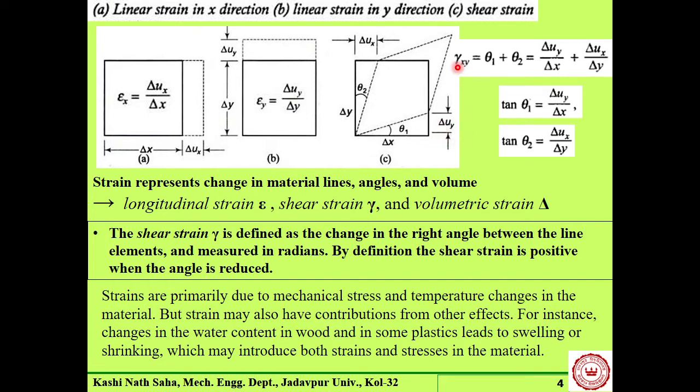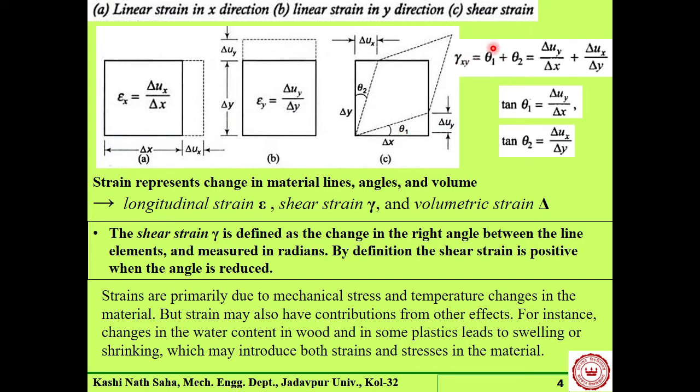So in totality this gamma xy is a measure of this angle theta 1 and this angle theta 2. And as you know, for very small angle theta, tan theta is equal to theta.